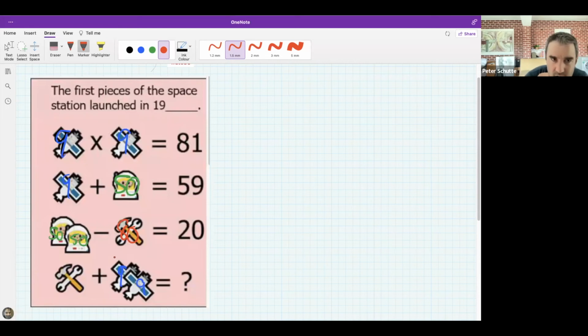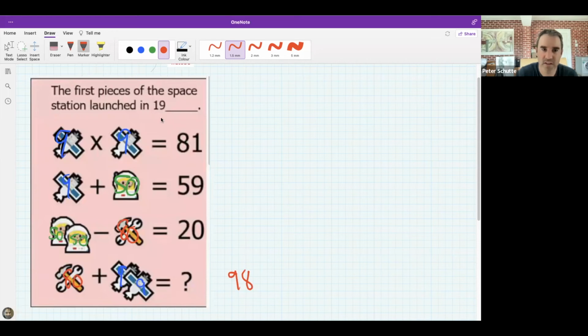So let's make sure we got that. Plus, if that's 80 plus 9 plus 9, what's that going to be? So it's going to be 98. 80 plus 9 is 89 plus 9 is 98.